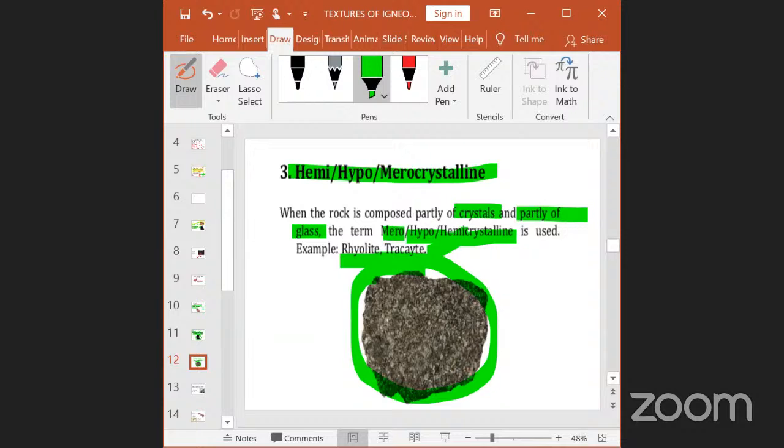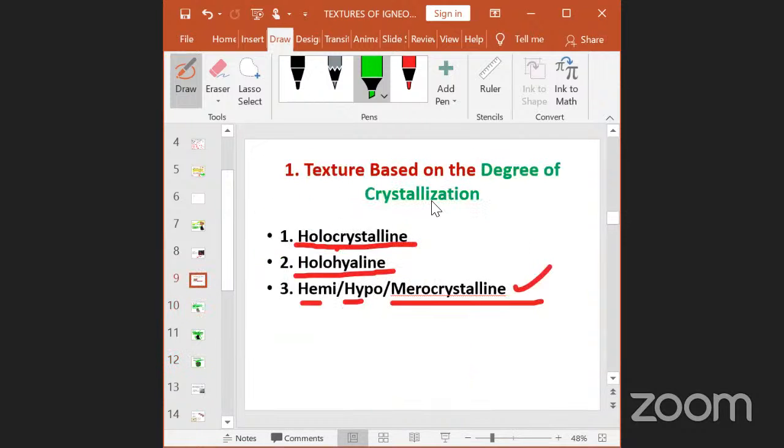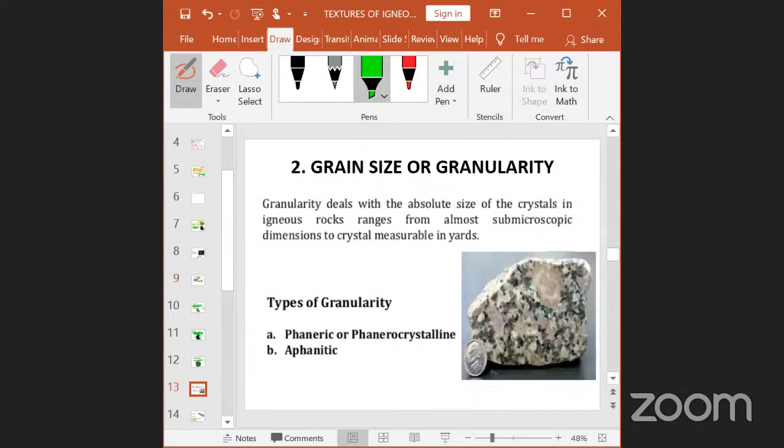So these are the textures based on the degree of crystallization: holocrystalline, holohyaline, and merocrystalline.